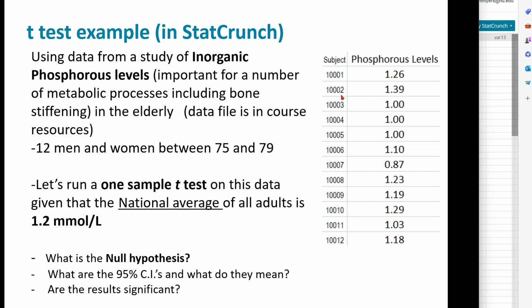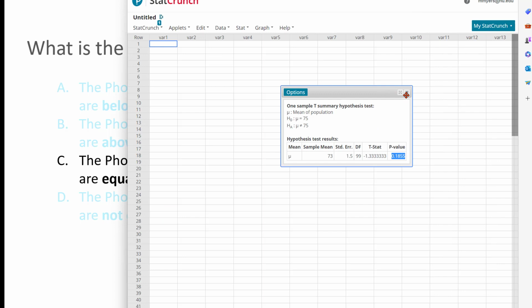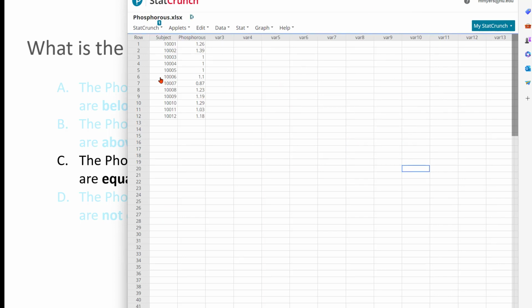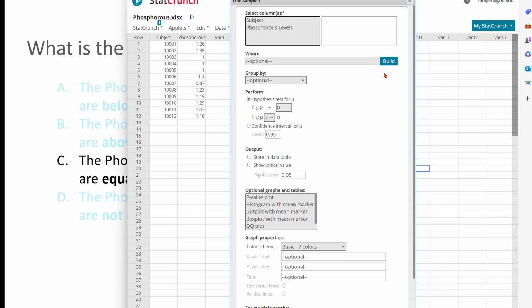Let's do an example using data from a study of inorganic phosphorus levels. Here our null hypothesis is that the phosphorus levels of the people in our study are equal to the national average of 1.2. To run the one-sample test, enter or load the data into StatCrunch. Click on the Stat tab, then T-Stats, then one sample, then with data, as we have all the individual data here, right?